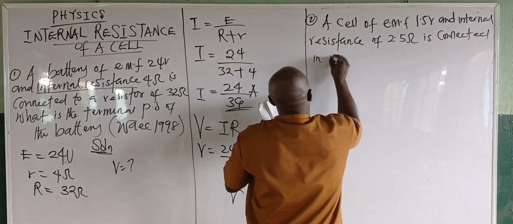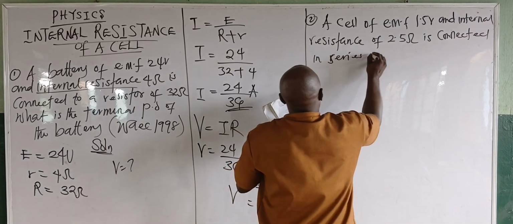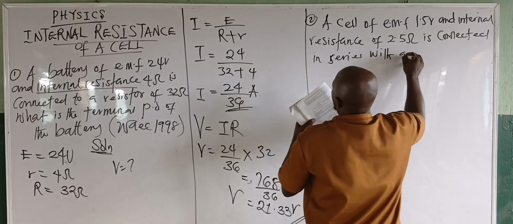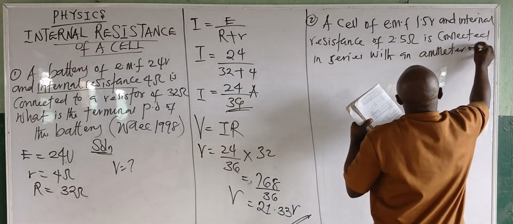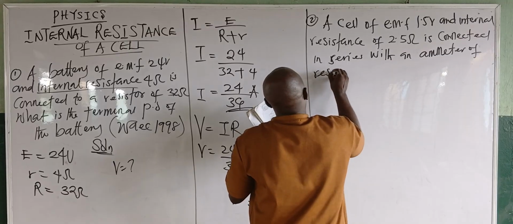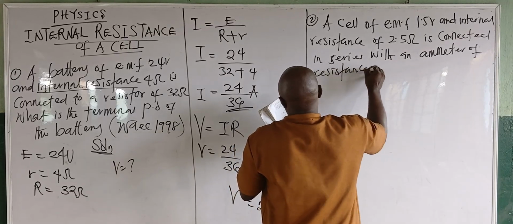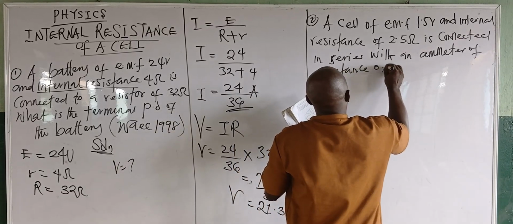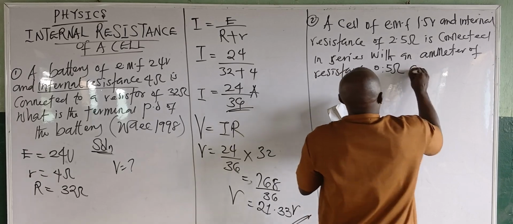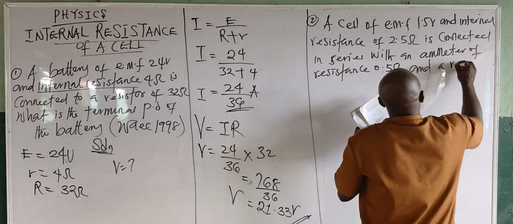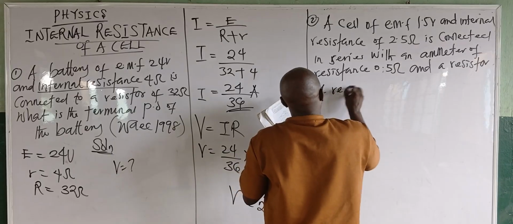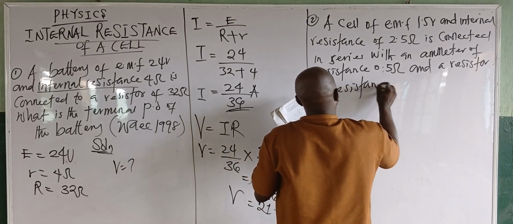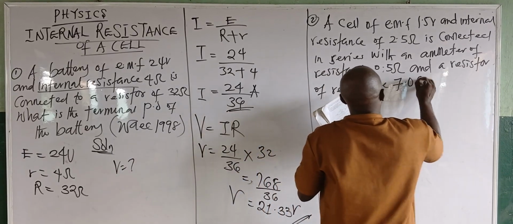in series with an ammeter of resistance 0.5 ohms, and a resistor of resistance 7.0 ohms.